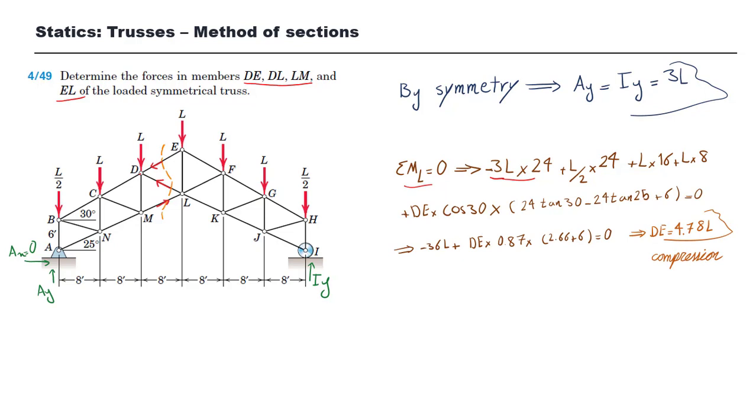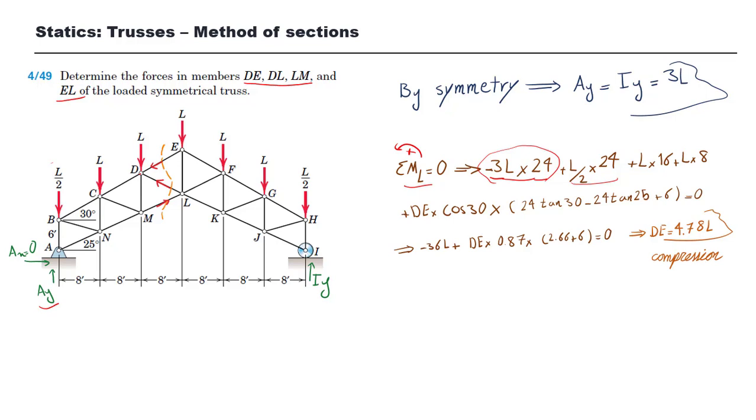We already calculated it. It's negative because it's causing a moment about point L which is clockwise, and we assume that the positive direction is counterclockwise, so we indicate it with a minus.